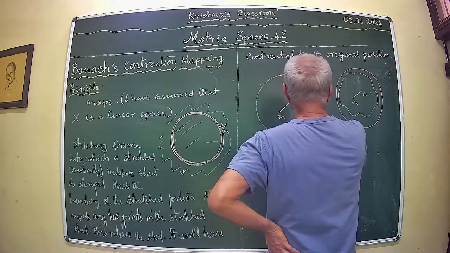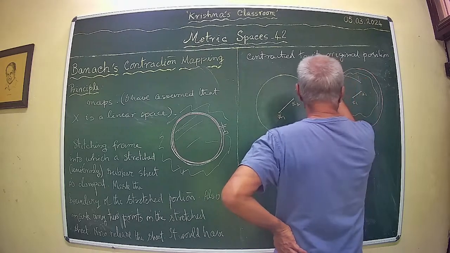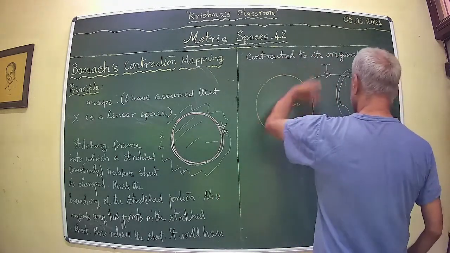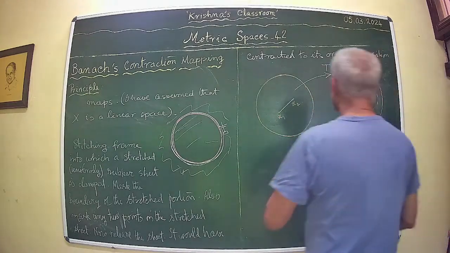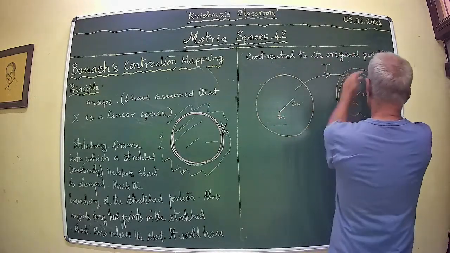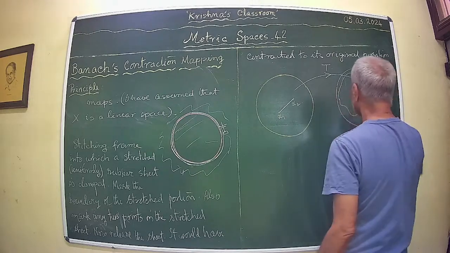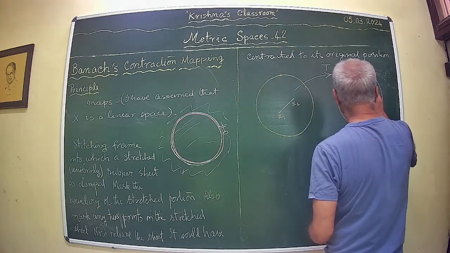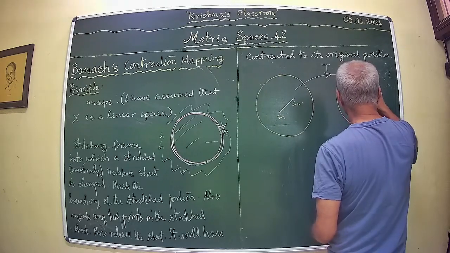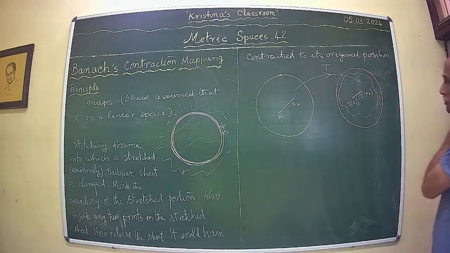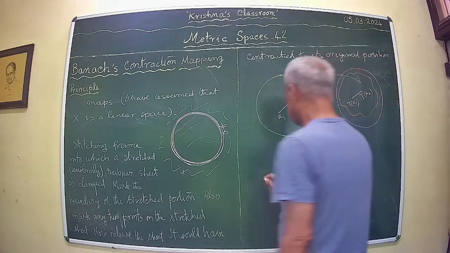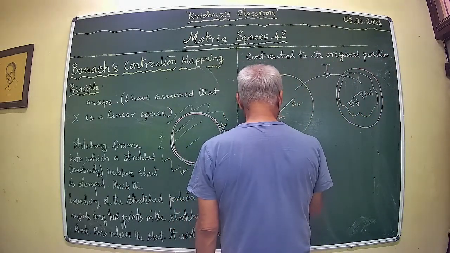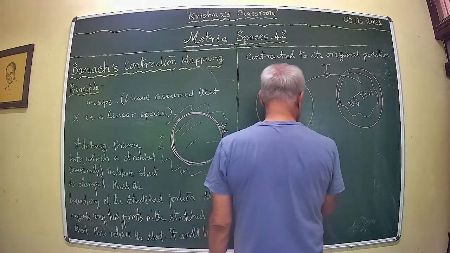So this can be looked upon as a map T from this region to this region, and all these points would go inside this marked region, and you see that these can be considered as Tx1 and Tx2. These are the 2 points. So we observe that the distance from x1 to x2 is greater than the distance from Tx1 to Tx2.